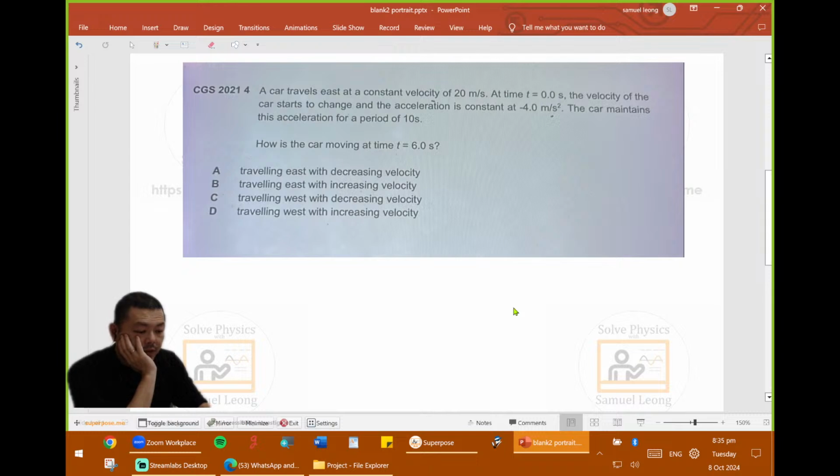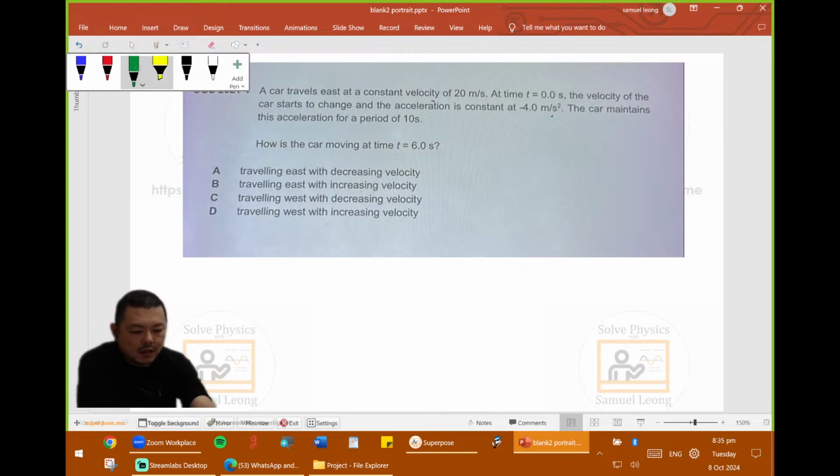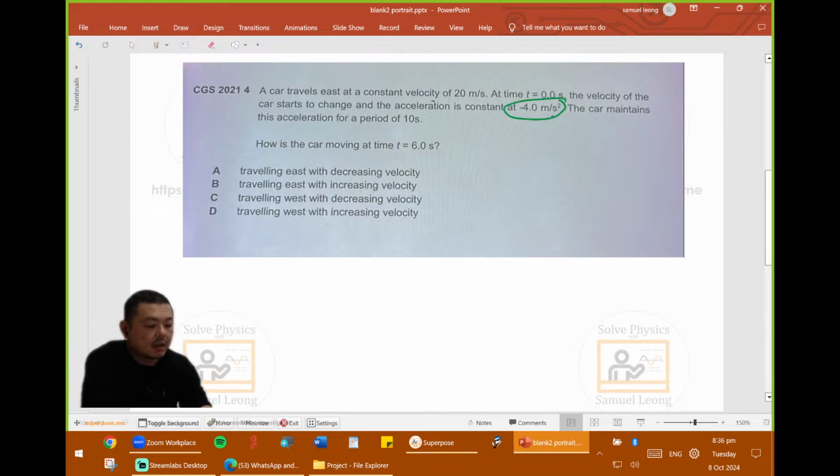At time zero, the velocity starts to change and the acceleration is constant, negative 4 meters per second squared. The car maintains an acceleration for a period of 10 seconds. How is the car moving at t equals 6 seconds, right? Okay, what does this mean in English? Let's try to make sense of it. I don't want to show you equations. I want you to make sense of it.